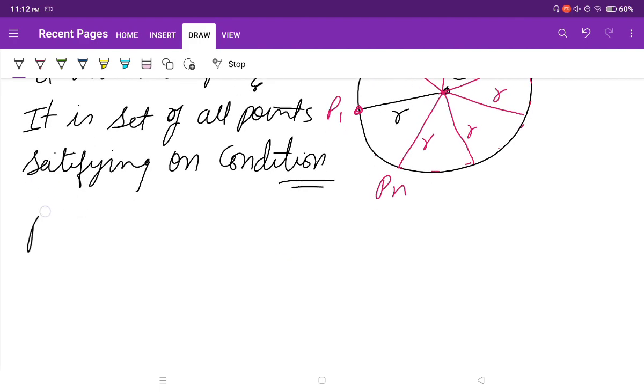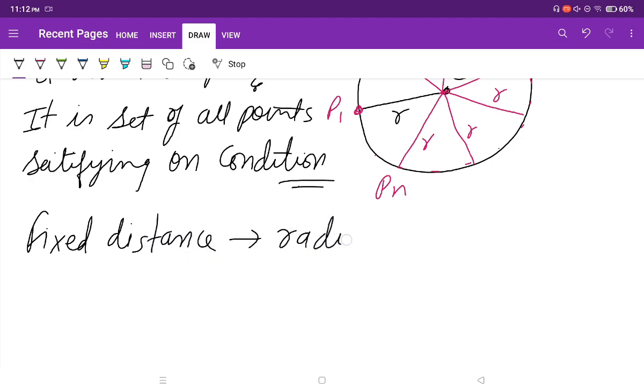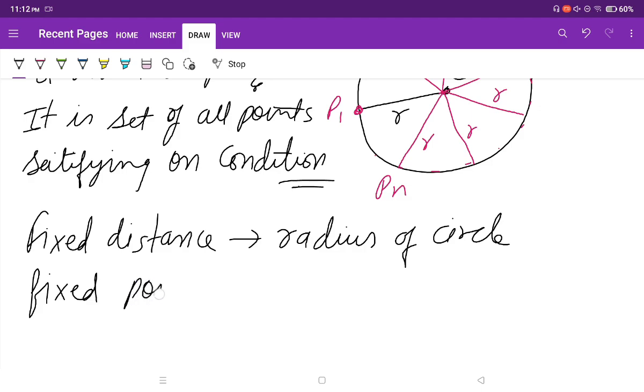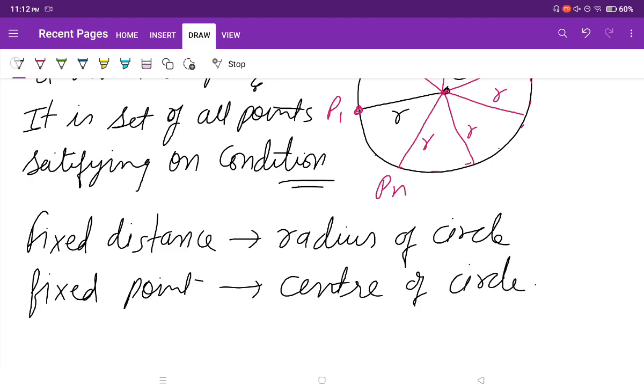So this fixed distance is called the radius of the circle, and the fixed point is called the center of the circle, right?